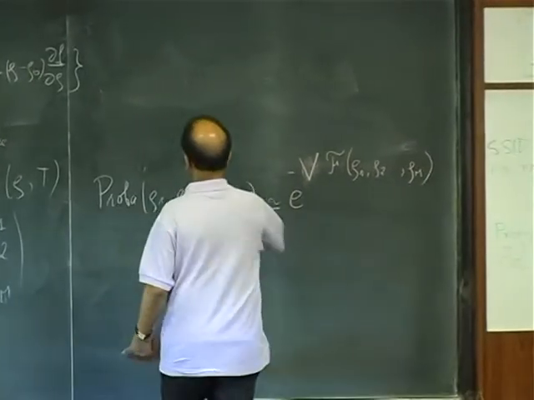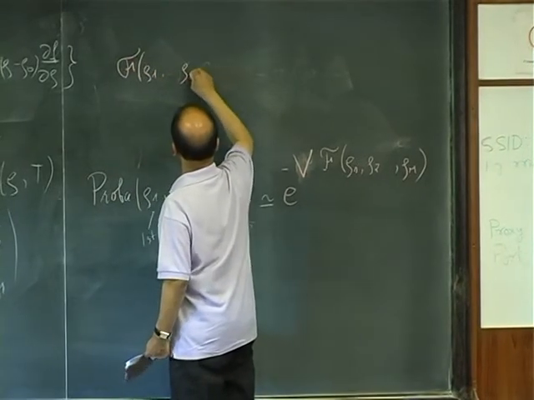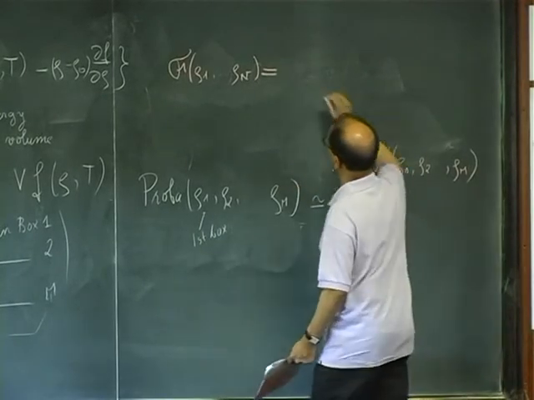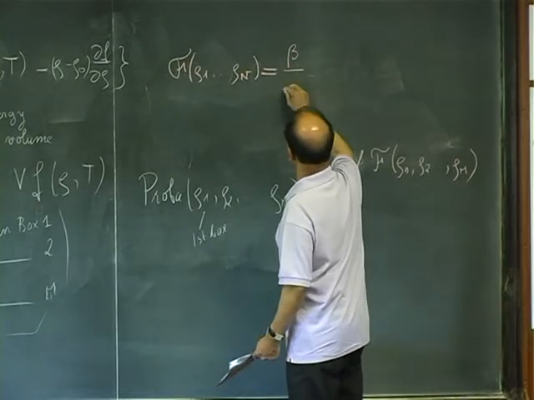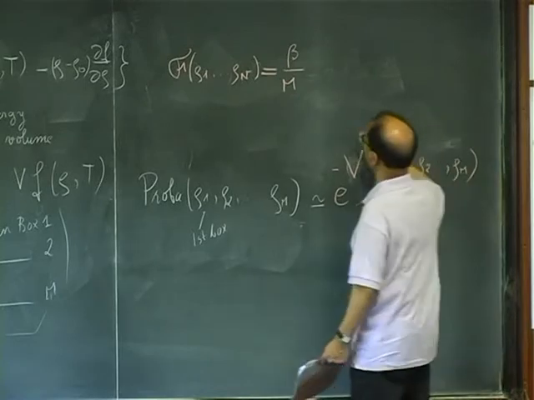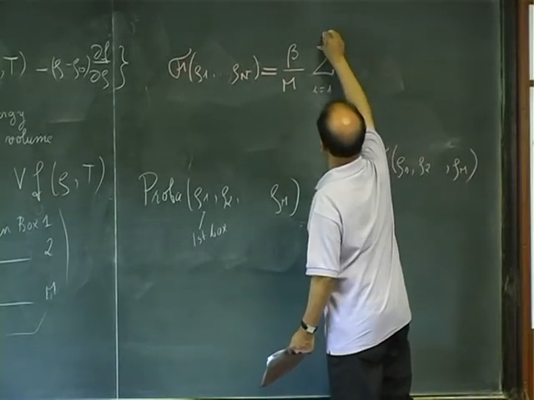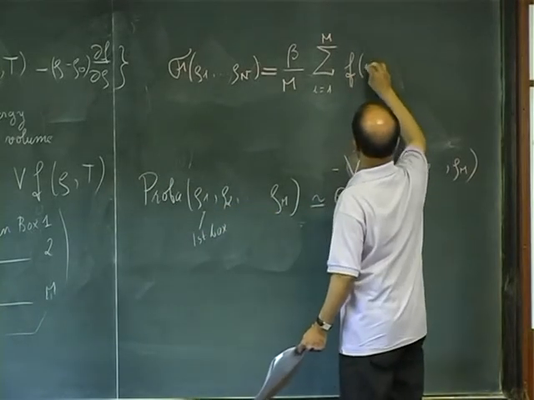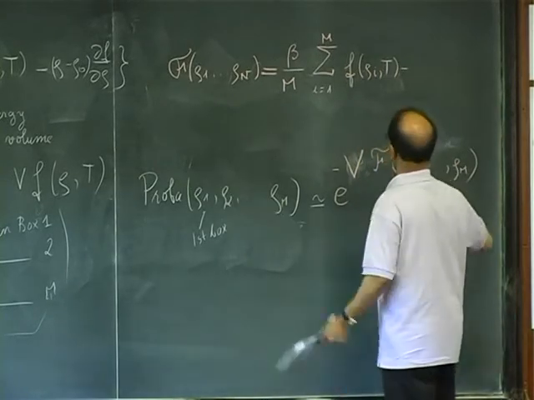It's quite simple. And you will find, if you do the exercise, that this function is given by, so it has to be dimensionless, beta is 1 over kT, of course, divided by M, the number of boxes. That's why I changed small v into big V. Sum of i equal to 1 to M, free energy per unit volume, the same object as here, computed at rho i, temperature T. It's a canonical ensemble.